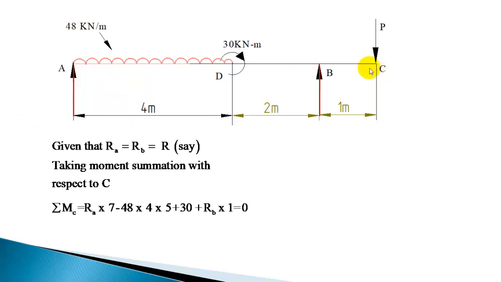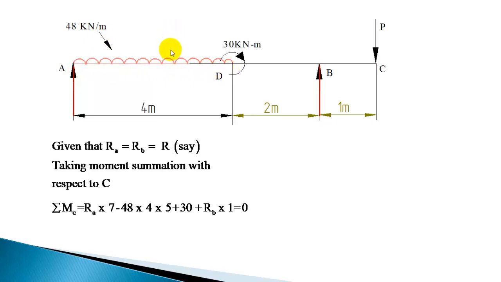Summing up the moments, you get sigma MC: RA into 4 plus 2 plus 1, that is 7, RA into 7, which is producing a clockwise rotation with respect to C. Now this UDL of 48 kN per meter is acting over a span of 4 meter.